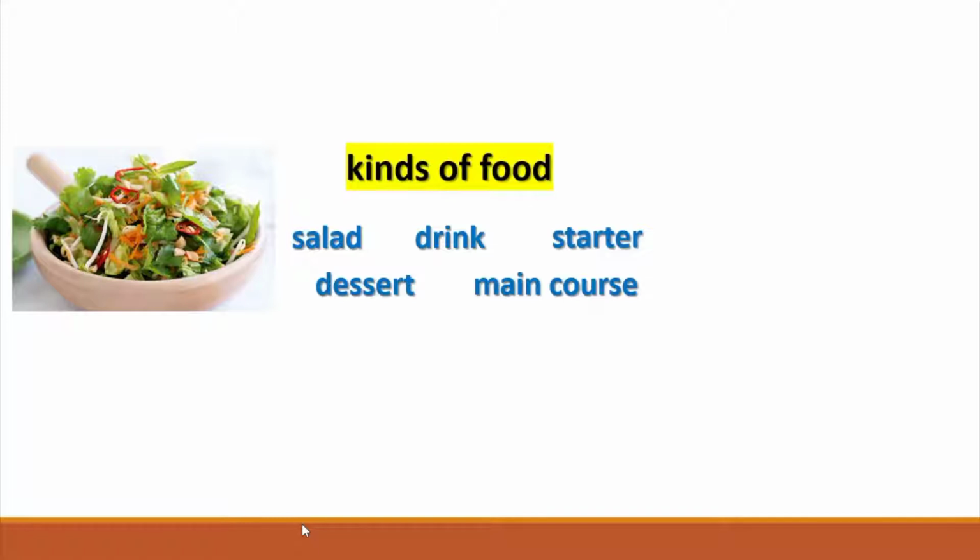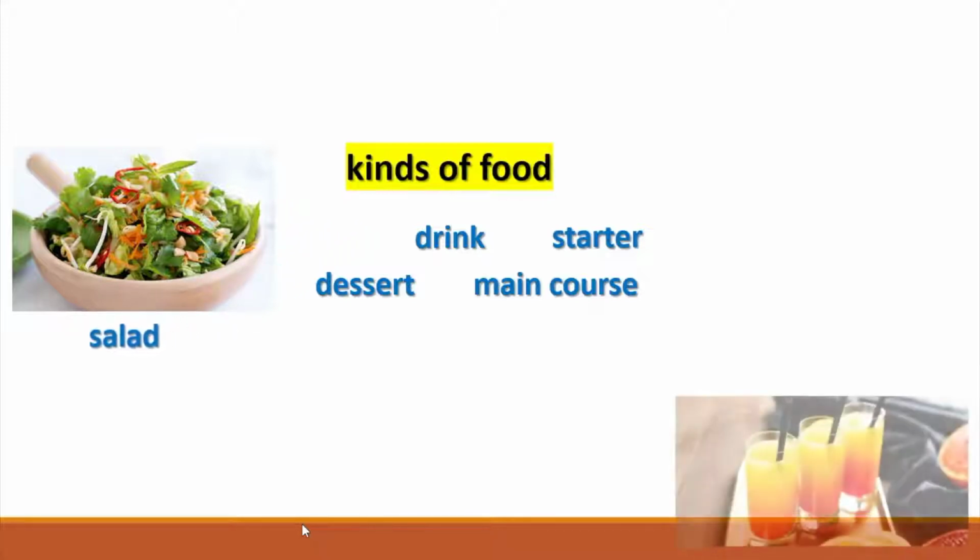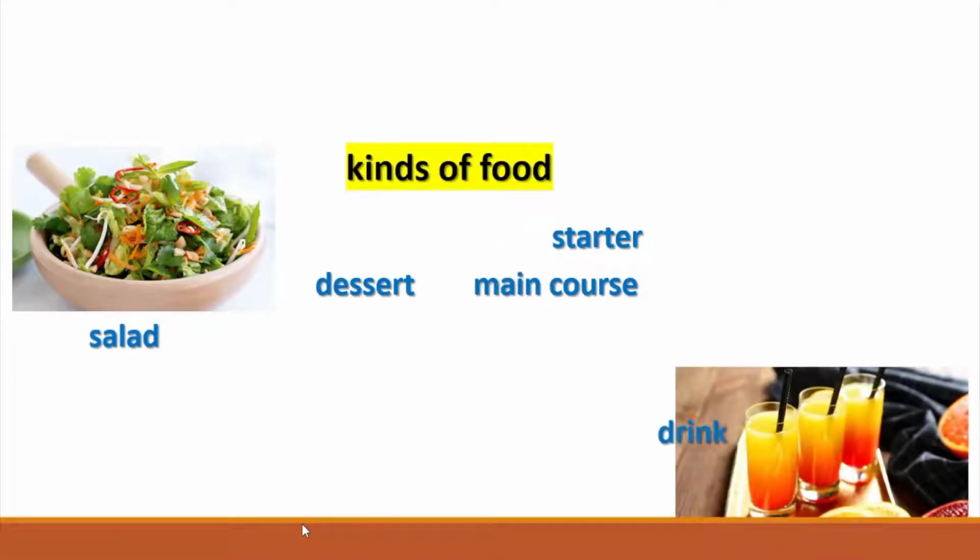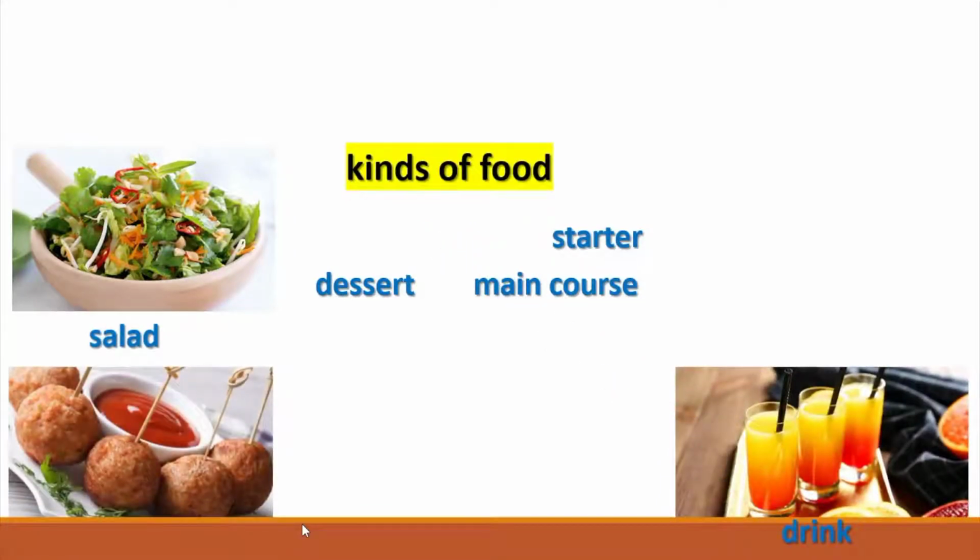Salad. The second one is drinks. Drink is a liquid suitable for swallowing. That's what's meant by drink. The third word is starter. The starter of food is the types of food that you begin your meal with.